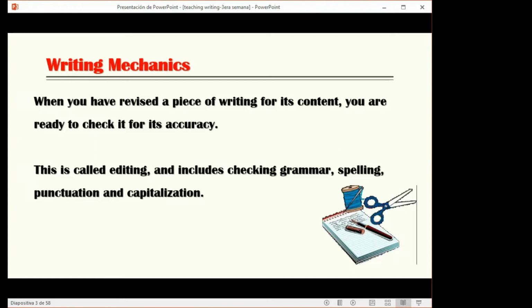Notice you or the student by himself or herself starts editing this text. And then the teacher starts editing the text or proofreading the text, and is going to analyze some aspects of this writing, such as grammar, spelling, punctuation, and capitalization.